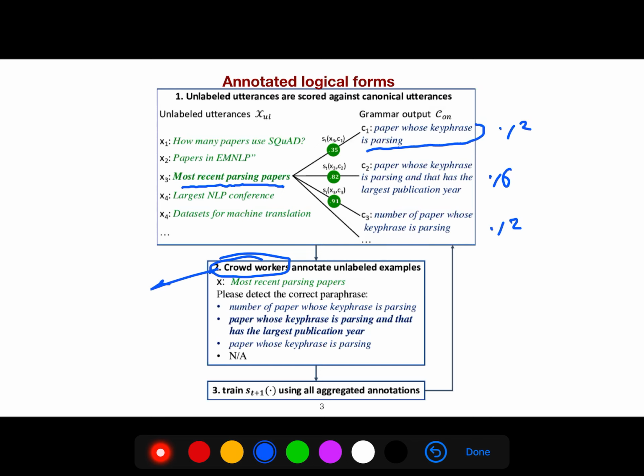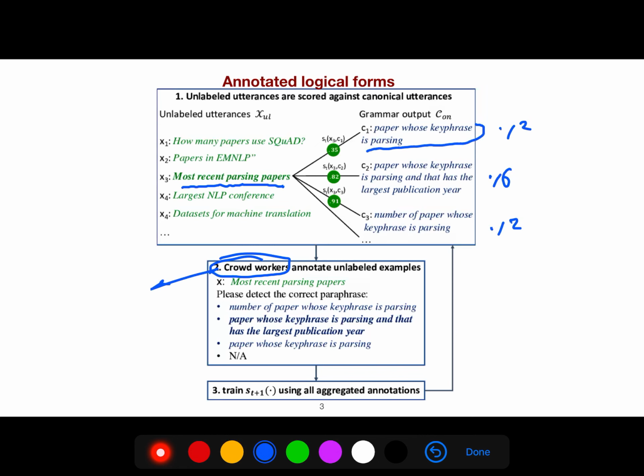So we convert this to some grammar output, because it's very ambiguous if I say, give me most recent parsing papers. The machine doesn't understand what you mean by most recent parsing papers. I understand because my database is like this. I'm talking like a robot. The paper whose key phrase is parsing, I understand it.